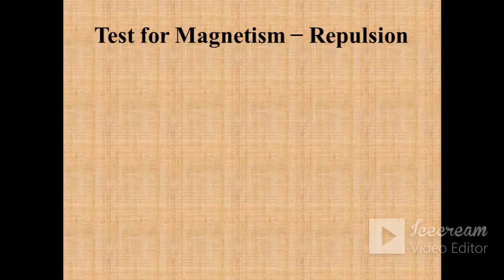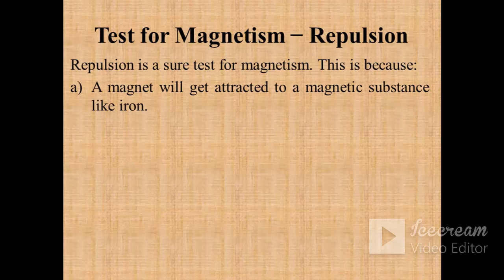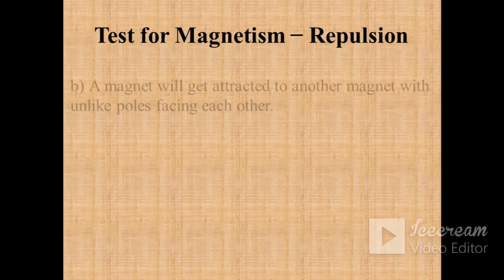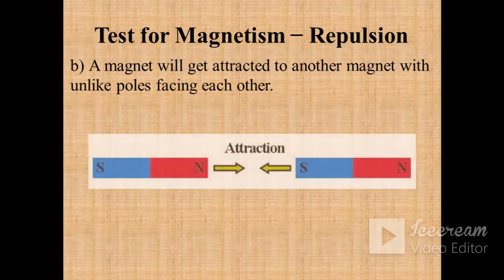So we know that a magnet attracts magnetic substances, and a magnet attracts at unlike poles. So what will be the test for magnetism? Suppose we want to test whether a certain object is a magnet. Repulsion is a sure test for magnetism. Why? A magnet will get attracted to a magnetic substance like iron, or a magnet will get attracted to another magnet with unlike poles facing each other.